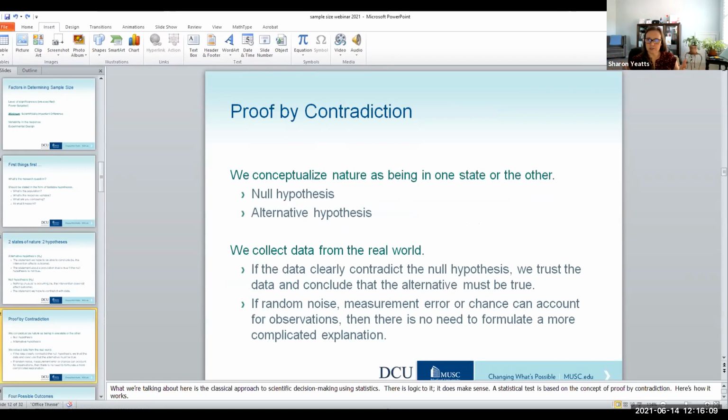And then you collect data from the real world. And if the data clearly contradict the null hypothesis, then you trust the data and conclude that the alternative must be true. But if random noise or measurement error or chance can account for what you've observed, then there's no reason to go with the more complicated alternative hypothesis, right? So this is sort of the underpinning of the basic statistical method for evaluating scientific experiments.